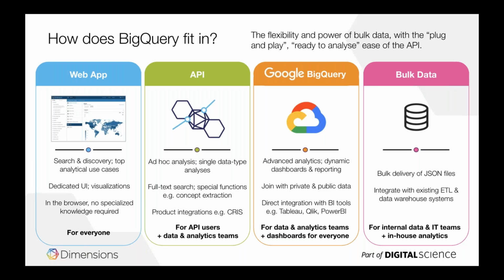So now Google BigQuery is different in the sense that the kind of analysis where you have to process millions, if not tens of millions of records, can be done in seconds. Super fast. It's a little bit like thinking of the whole of Dimensions at your fingertip within a relational database, really, because you can query it with SQL.